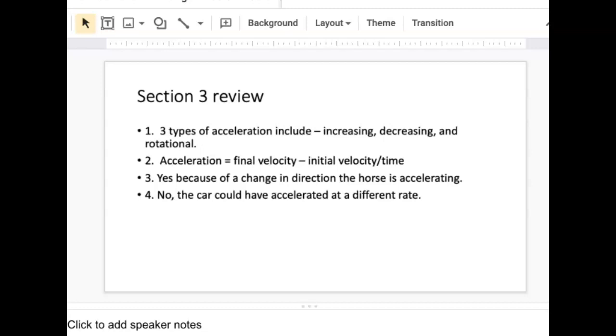And the answer is yes, because it's that circular acceleration. Even if you're going constant speed, as long as you change direction, you are accelerating. And then the last question is, would it be going at the same rate? The answer is no, the car could have accelerated at a different rate. Just because they gave you two numbers, just like math, you can have different factors and you can figure out a different rate.